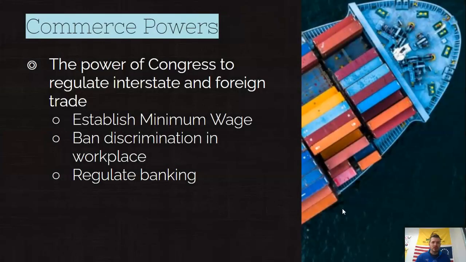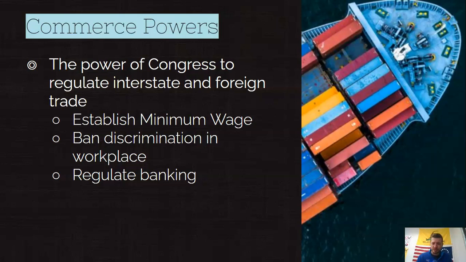Powers of Congress. A lot of the stuff you might have already heard about before. I'm just going to go over it and be a little bit more specific. So, for example, the first thing is commerce powers: the power of Congress to regulate interstate and foreign trade.